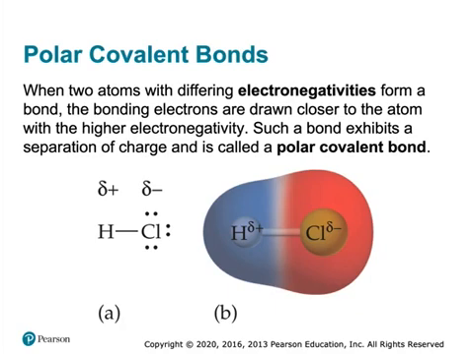They share electrons, and they can bond as such. The problem is chlorine is more electronegative, more attractive. Because of that, the electrons are drawn towards the chlorine nucleus, and so the chlorine end of the molecule has a slightly negative charge.